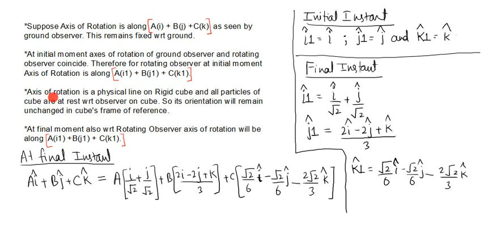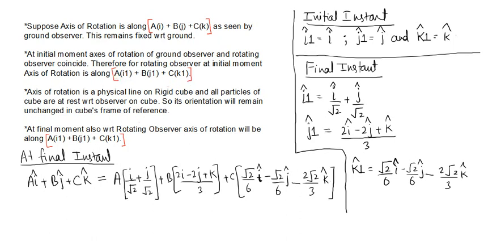Now, the axis of rotation is a physical line on the rigid cube, and all particles of the cube are at rest with respect to the observer on the cube. So its orientation will remain unchanged in the cube's frame of reference. So in the cube's frame of reference, this A, B and C, which are the x component, y component and z component of the axis of rotation, will remain unchanged.